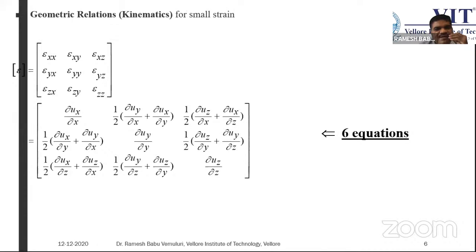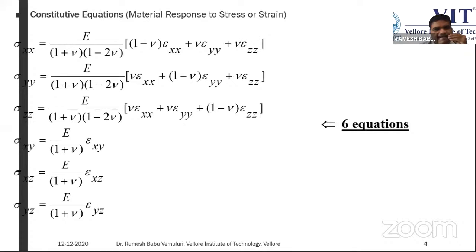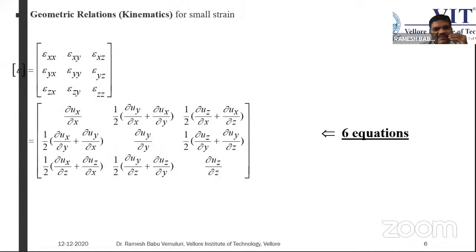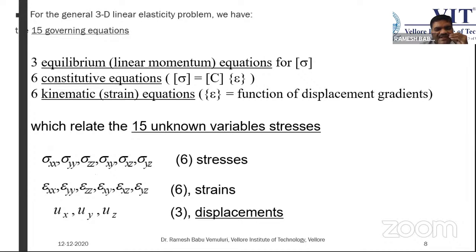Then the geometric relations, also called the kinematic relations. There are 6 equations. So stress-strain relations are 6 equations, the geometric relations 6 equations, making 12, and 3 static equilibrium equations. So the total combination is 15 equations that play the major role.